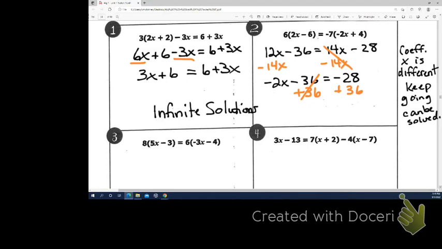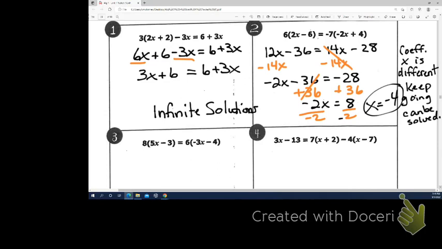Of course, always being careful when I think about adding, but that's a negative 28, not just regular 28. So that makes 8 as opposed to 64. And then divide by negative 2. So x is equal to negative 4.